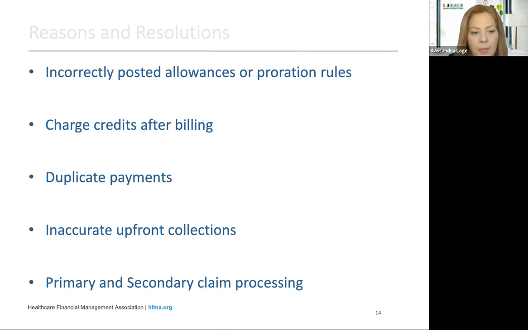Duplicate payments happen when a provider rebills claims based on non-payment from the initial bill submission. Providers should not be just rebilling when claims are not paid, and most payers do have edits to avoid paying duplicate claims. If accuracy is not focused on when creating estimates, then credit balances will occur, and usually unhappy patients.